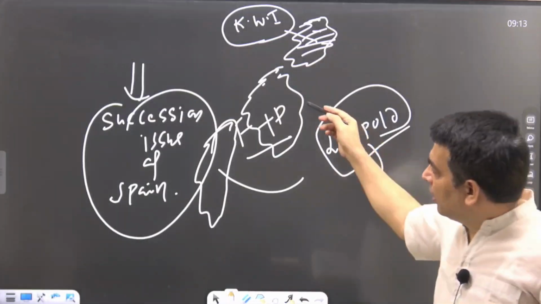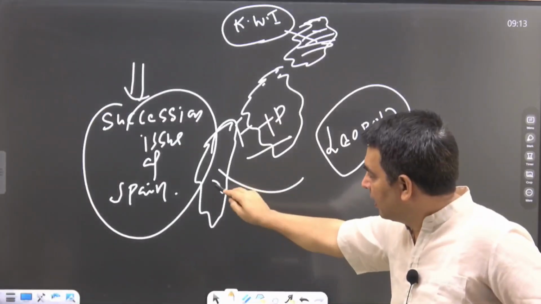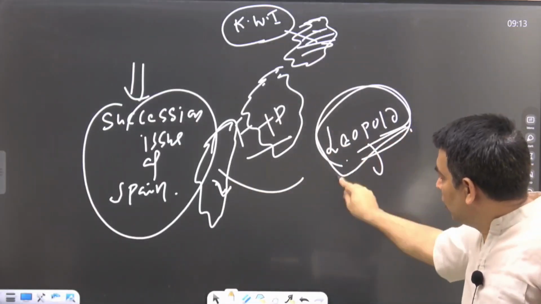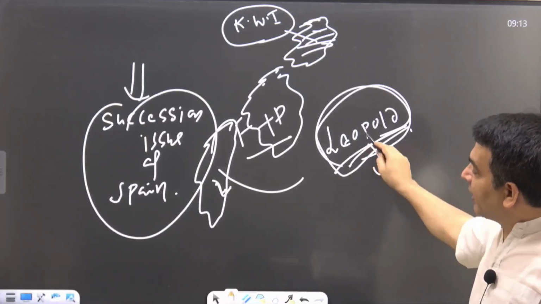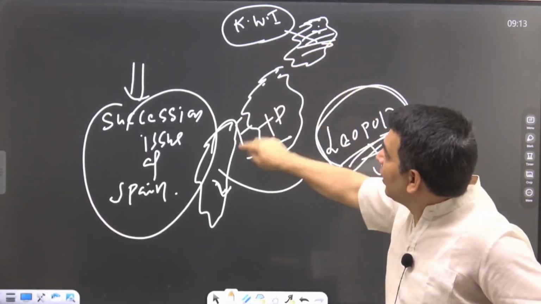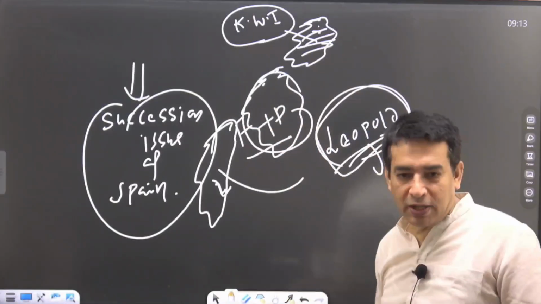And Napoleon III thought that if Spain would be under the control of Leopold, a distant relative of the Prussian king, Prussia and Leopold could come together, and in that case the position of France would be weakened.